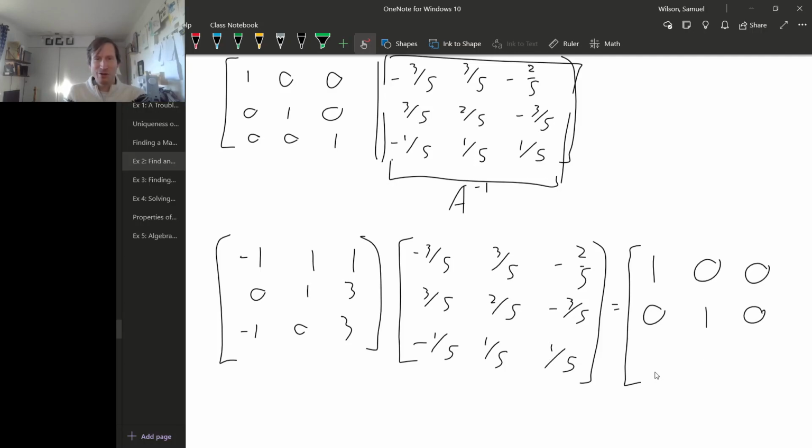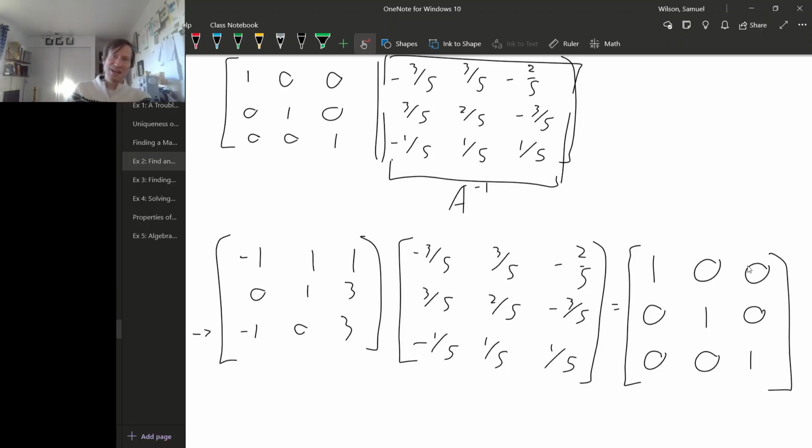And then last row, 3/5 minus 3/5, so 0, minus 3/5 plus 3/5, 0, and then plus 2/5 plus another 3/5, that's 5/5, that's 1.